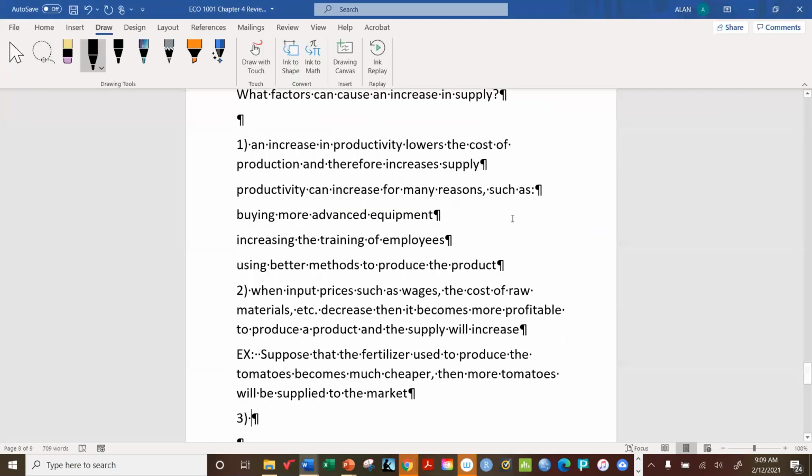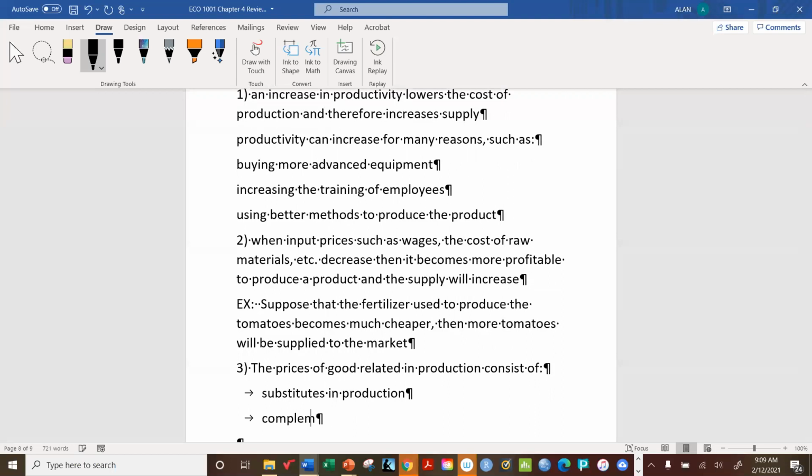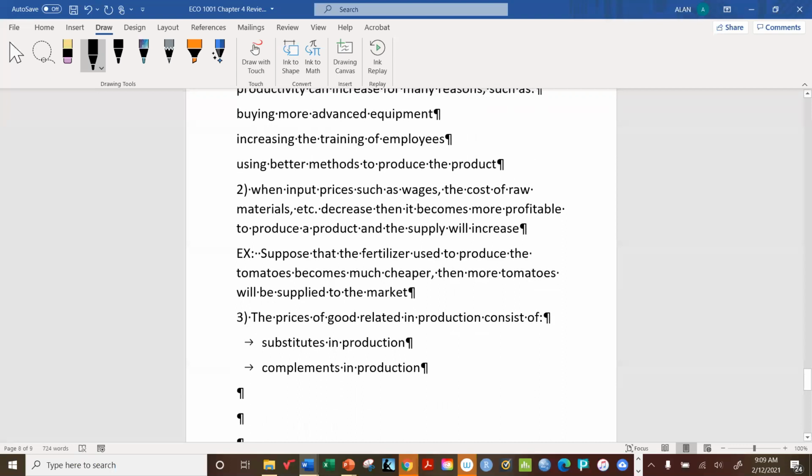The prices of goods related in production include or consist of substitutes in production and complements in production. So it's hard to find examples of complements in production, but substitutes are easy.